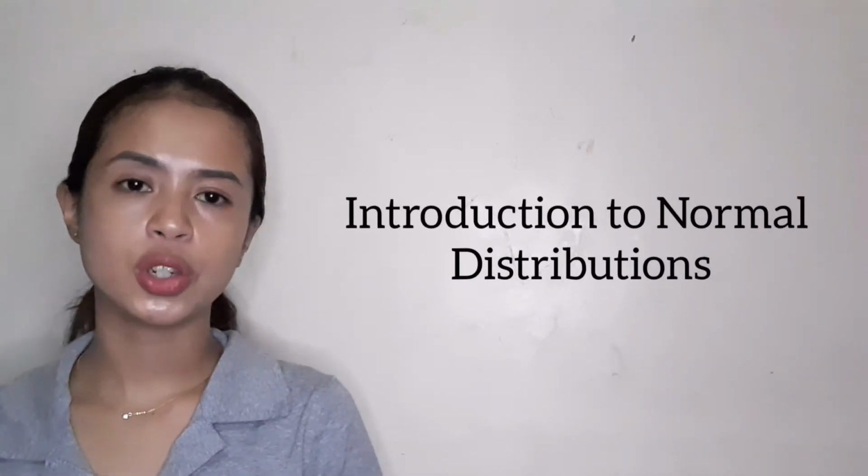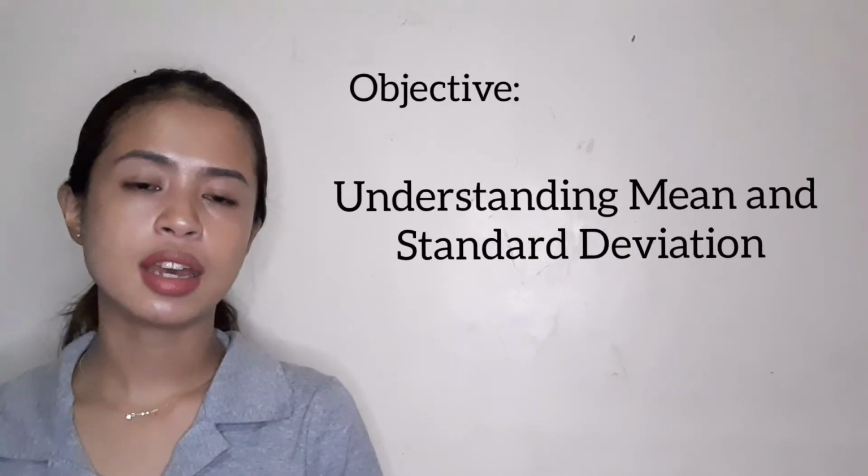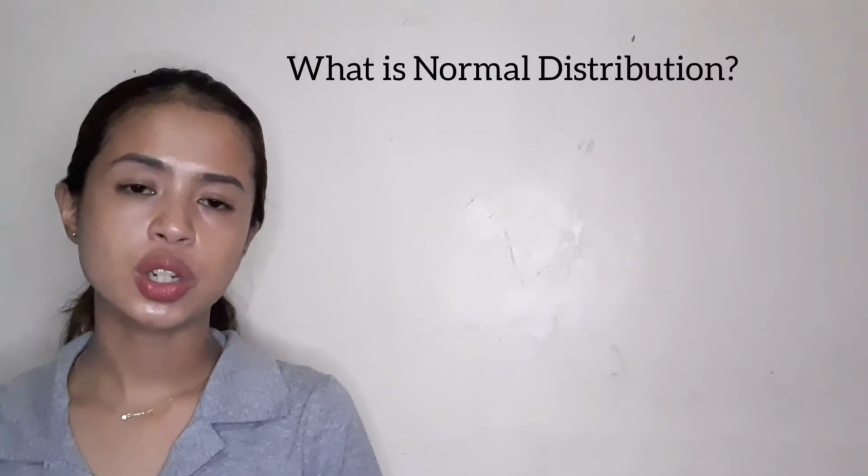The first topic that I will discuss is the introduction to normal distributions. The objective of this topic is to understand the mean and the standard deviation. So, what is normal distribution?